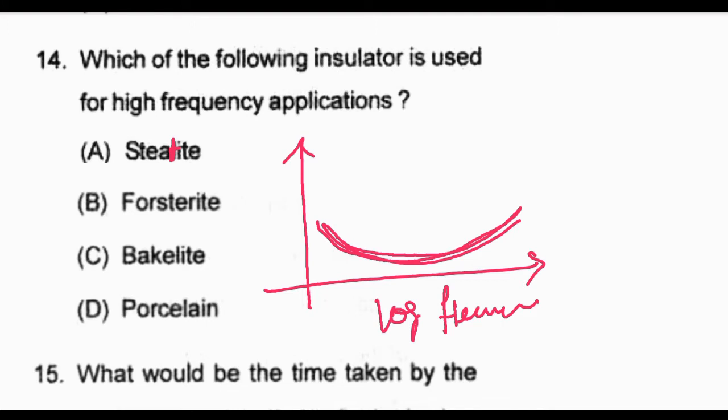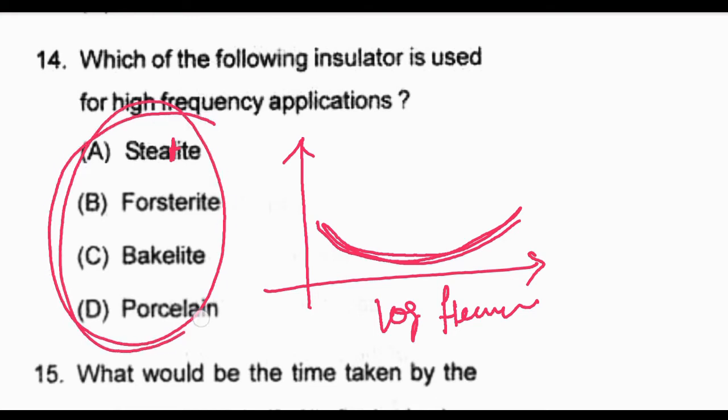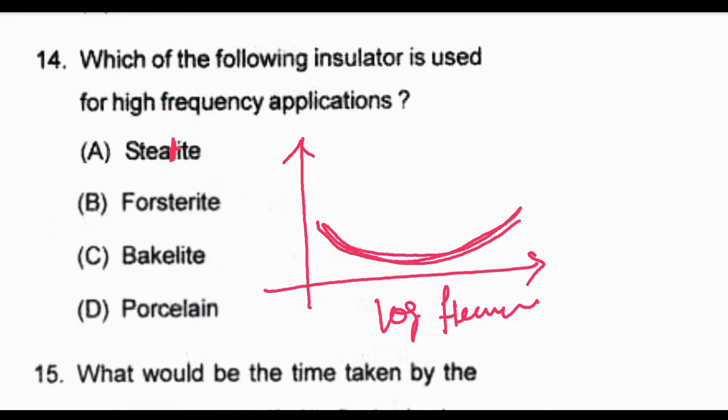So we will consider for these dielectrics or insulators what the tan delta value is, because for high frequency applications tan delta is the most important thing, both tan delta and the dielectric constant also. I am now recalling that one.